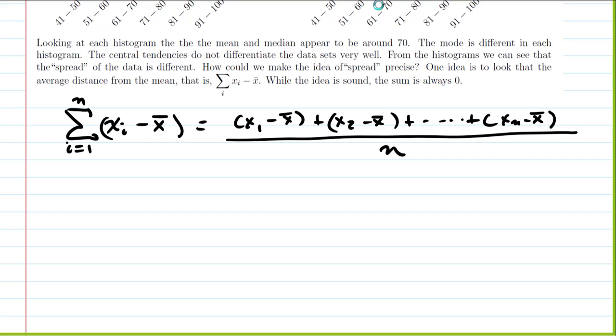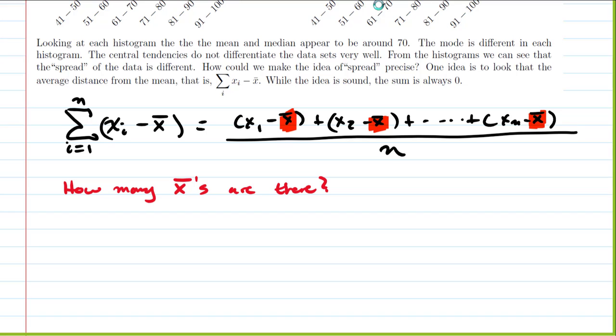Now let's regroup these. How many x bars are there? Well, how many things did we add up? n, right?